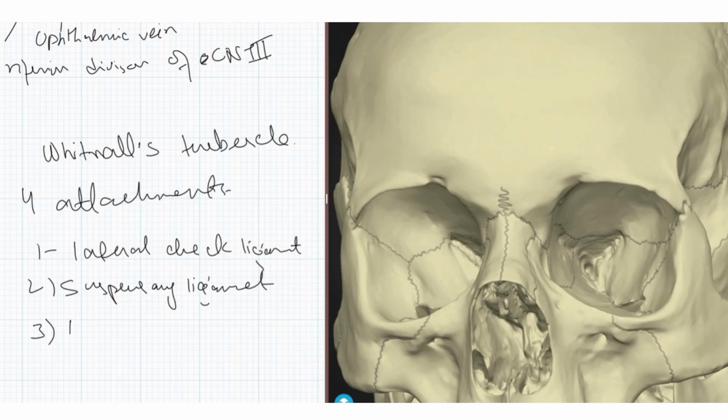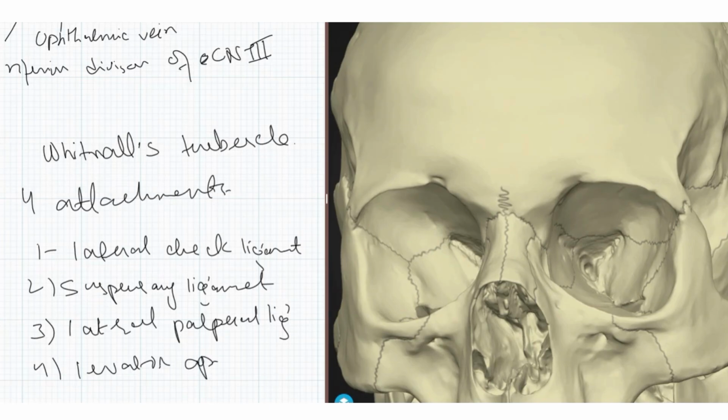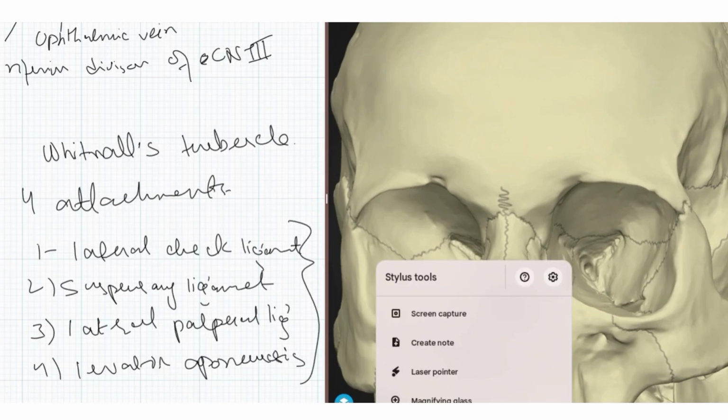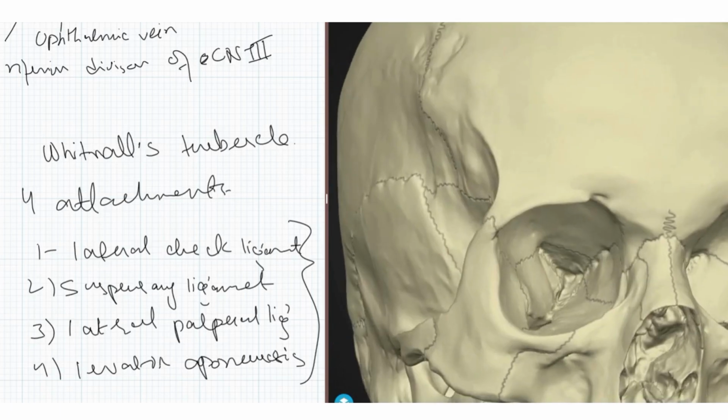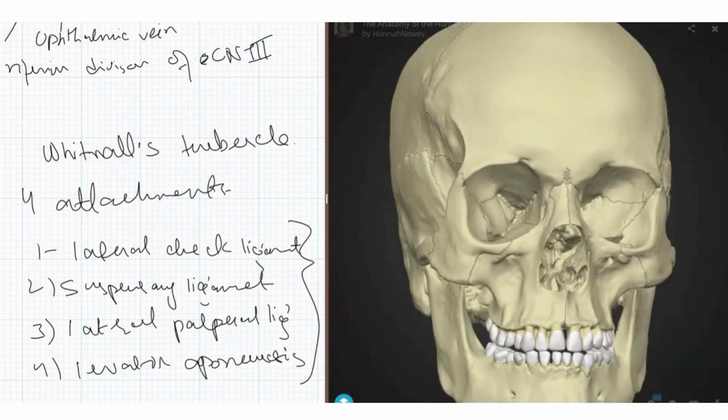Third is the lateral palpebral ligament, and the fourth one is the levator aponeurosis. These are the 4 attachments which pass through this Whitnall's tubercle.